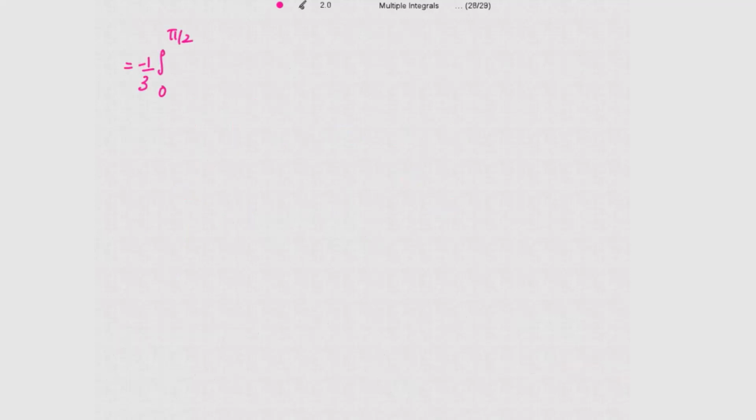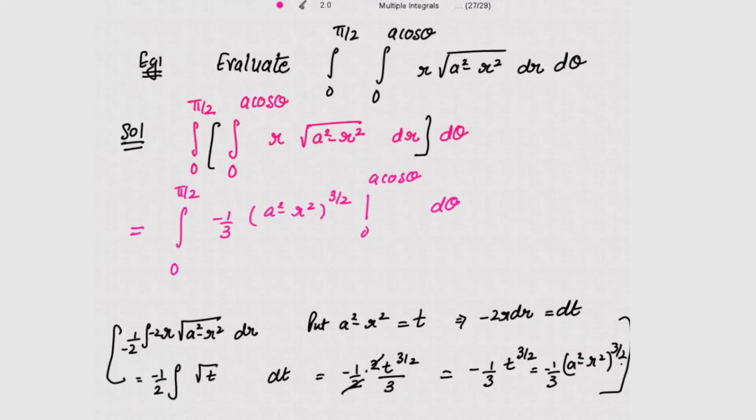So this will be a cube sine cube theta, right? And then putting 0 over here, I get a square to the power 3 by 2, which is again a cube. So minus a cube d theta.